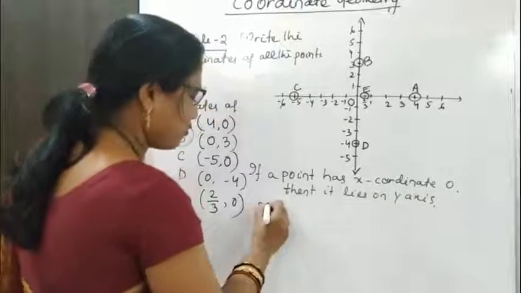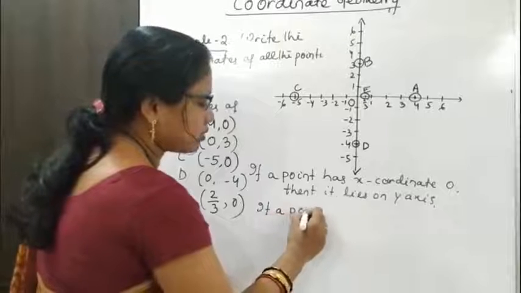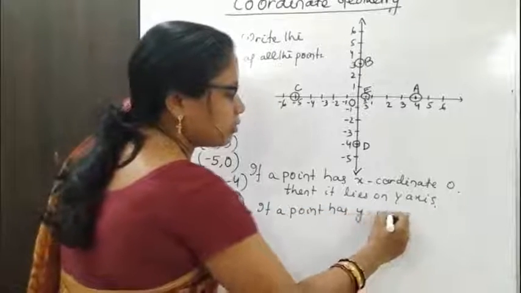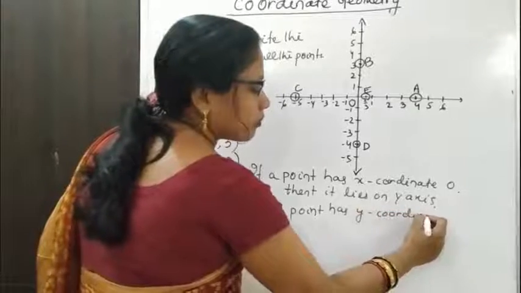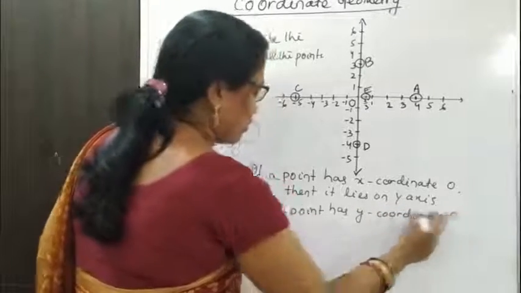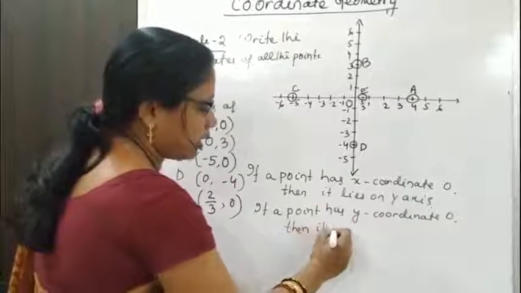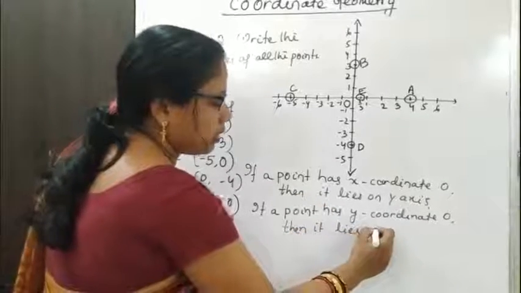And if a point has y coordinate 0, then it lies on the x axis.